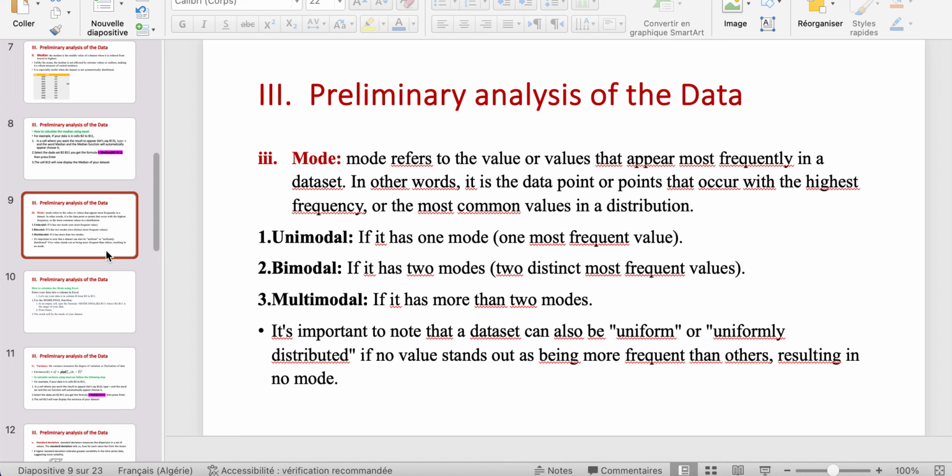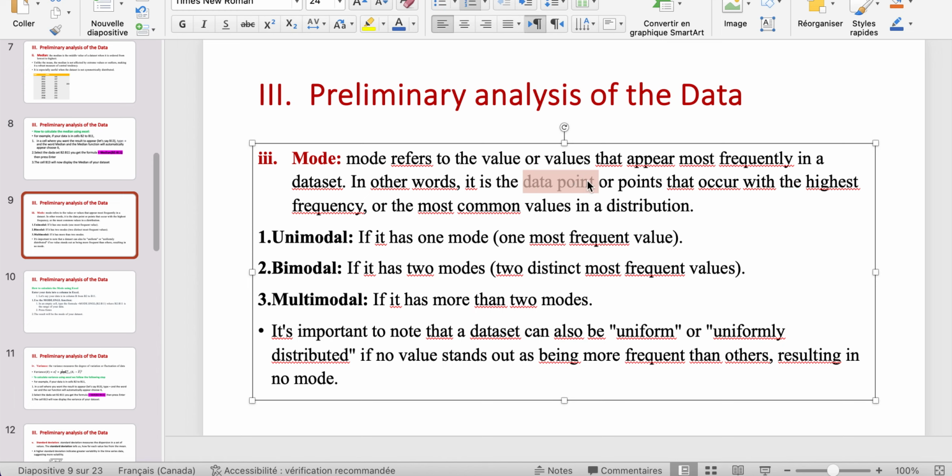In other words, it is the data point or points that occur with the highest frequency, meaning that it appears at different time points, or the most common value in a distribution.